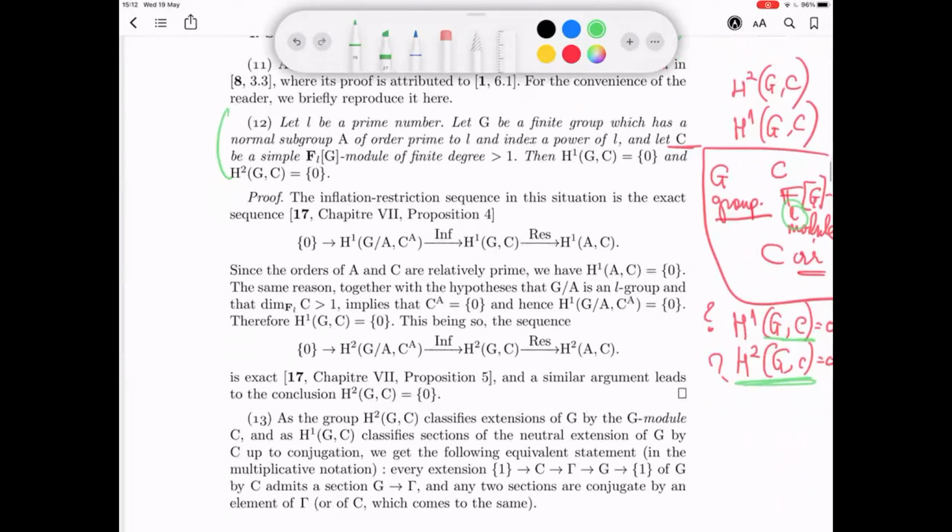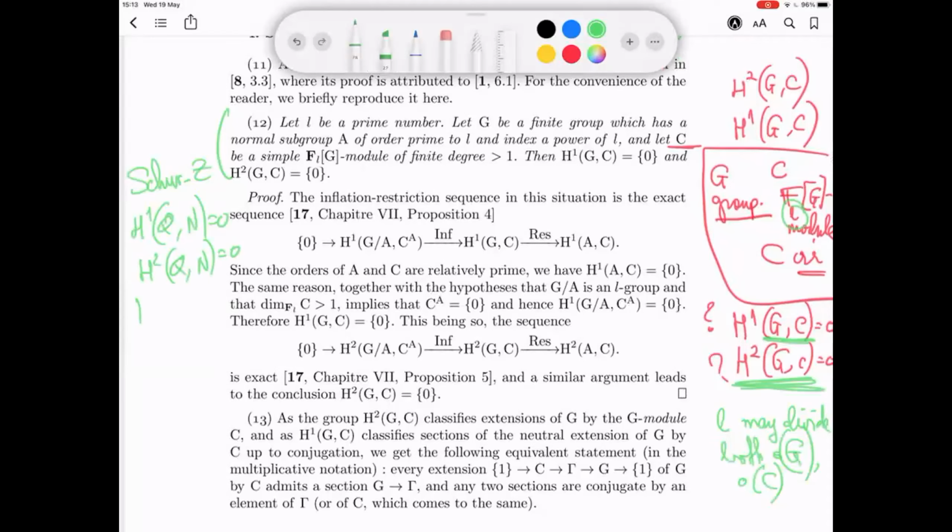Here, I'm getting the conclusion that H1(G,C) and H2(G,C) are trivial, even when this prime L may divide both the order of G and the order of C. Whereas in the usual Schur-Zassenhaus lemma, you get the conclusion that H1(Q,N) and H2(Q,N) are trivial, but the hypothesis was that the orders of Q and N are relatively prime.